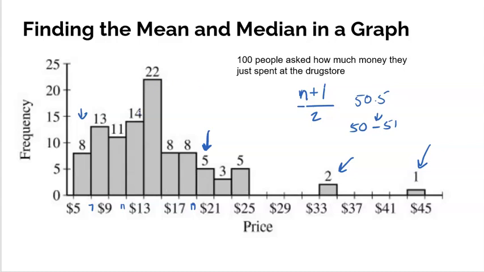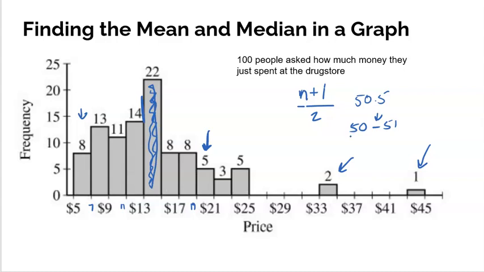Okay, so wait a minute. Here's the deal. Up to this point right here, there were 46 values. That means the 47th, the 48th, the 49th, the 50th, and the 51st value are all in this bin right here, because if I go past this bin, now I'm at 68.